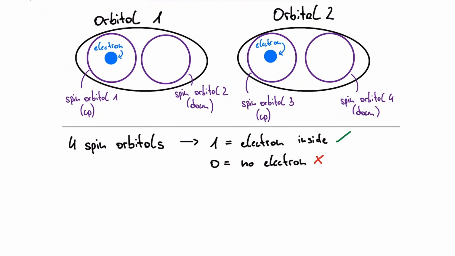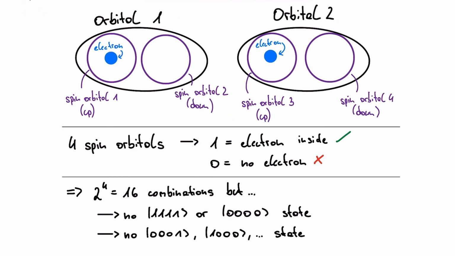That gives us 4 qubits, and each qubit can be either 0 or 1. So in total, there are 2 to the power of 4 equals 16 possible combinations from 0, 0, 0, 0, no orbitals occupied, to 1, 1, 1, 1, all orbitals occupied.